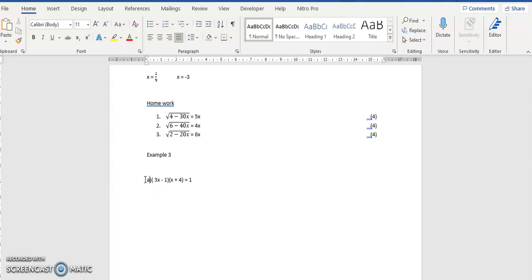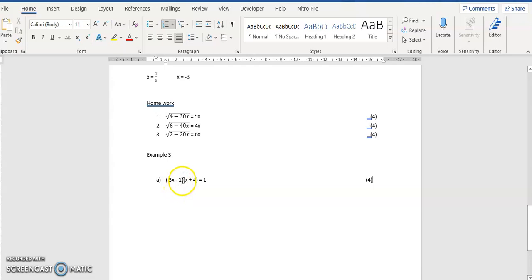Now, this time the marks are not going to be 2 because here is not 0. It's 1, or it's not 0 if it is any other number. It's going to be 4 or 5 depending, it will be more than 2. So let's give this 4 marks.